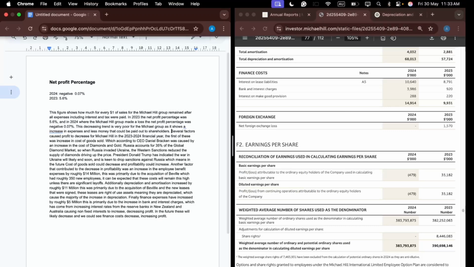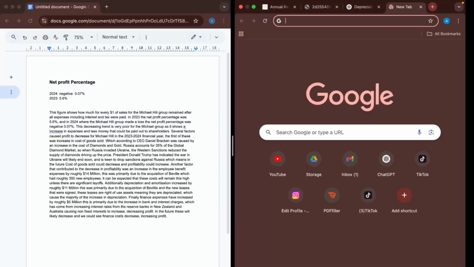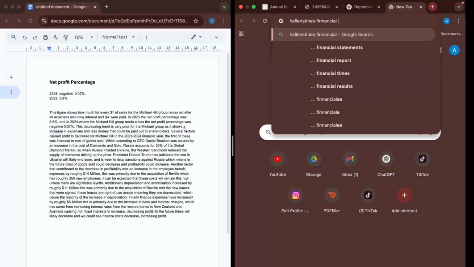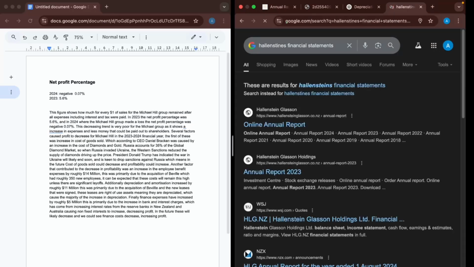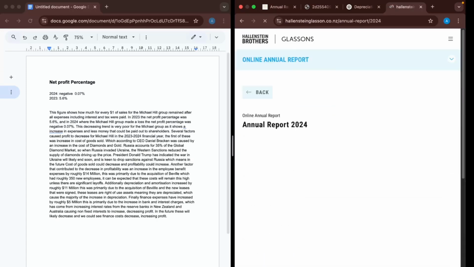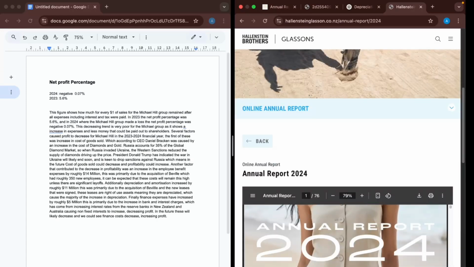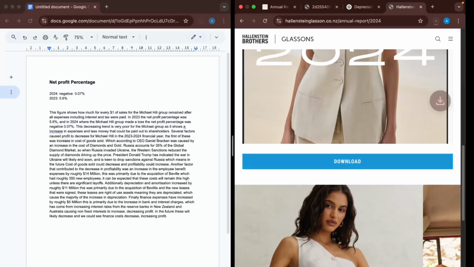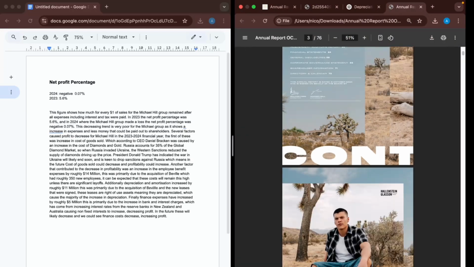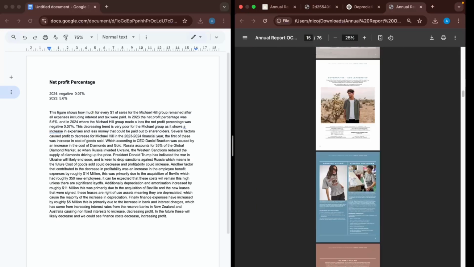We could potentially have a look at Hallenstein's. So we'll just look up Hallenstein's financial statements. Alrighty, we'll just download those, open those in a new page. Okay, so we're looking at their financial statements.